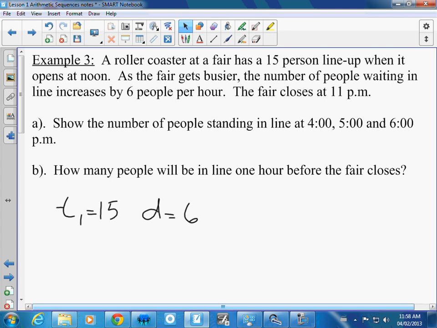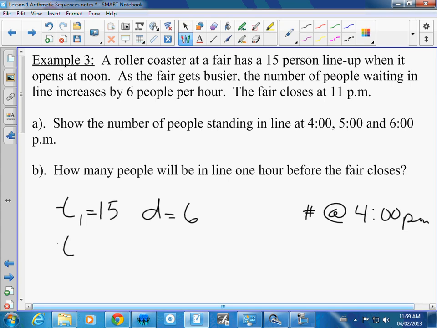Let's figure out the number of people at 4 o'clock. Right, let's find that out. I don't know if you understand that. Number at 4 o'clock. I'm just using some shorthand. So, T1 and D, we're looking for Tn, aren't we?